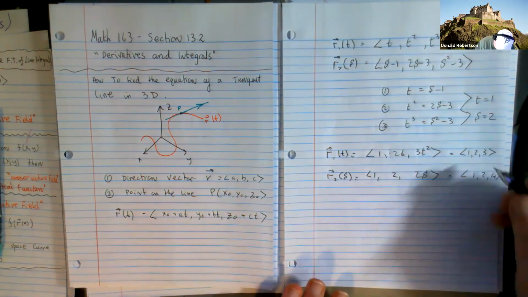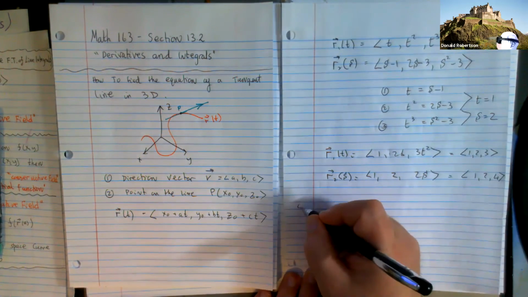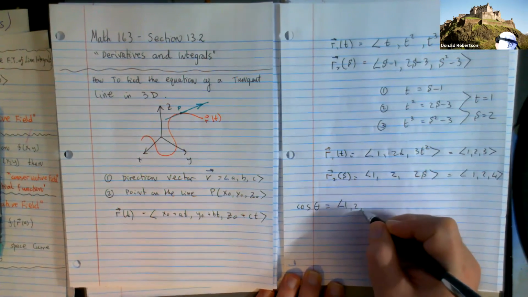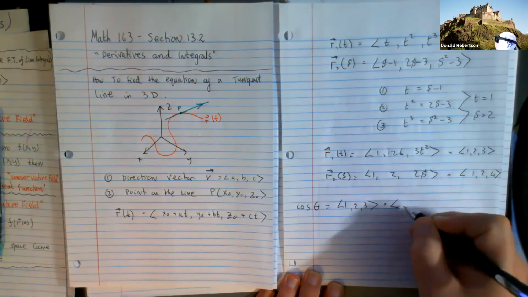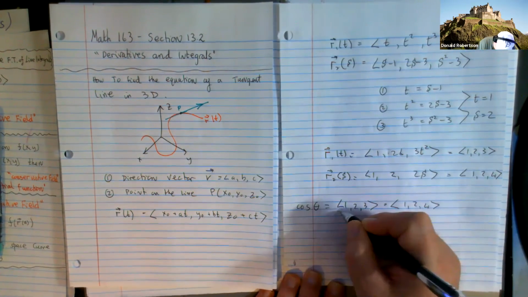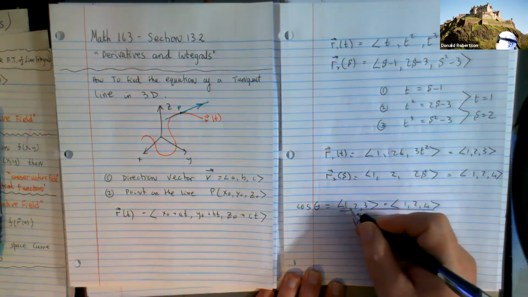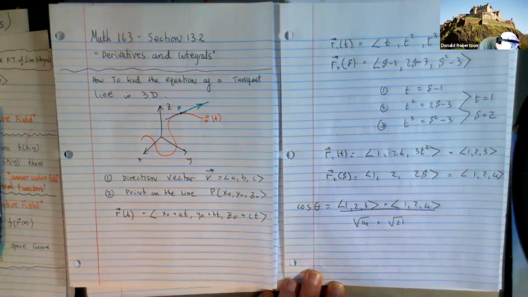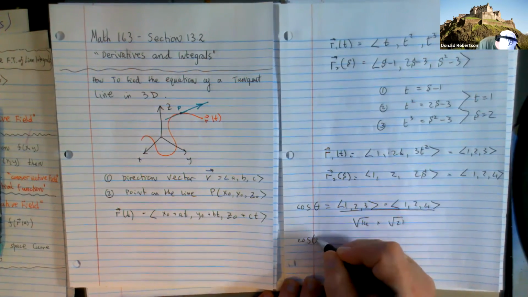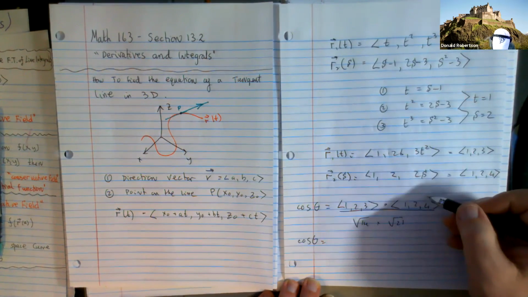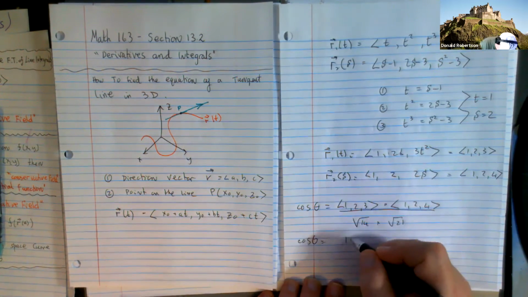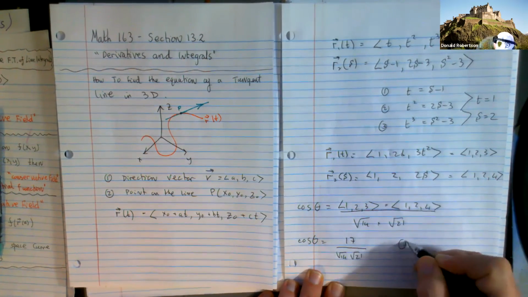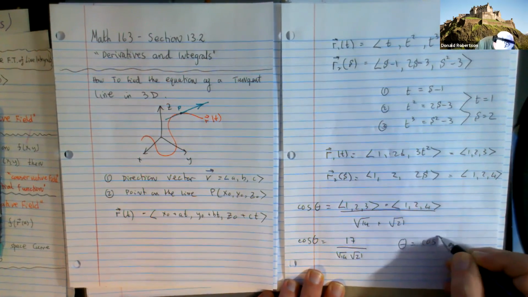We're interested in the angle at which these two intersect, so it's going to be the dot product of those two guys over the magnitudes: 9, 10, square root of 14, 16, 21, square root of 21. 1 plus 4 is 5, and 5 and 12 gets you 17. So the missing angle is the inverse cosine of this ugly fraction.